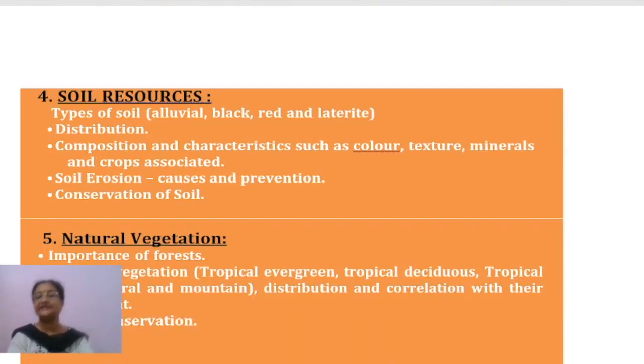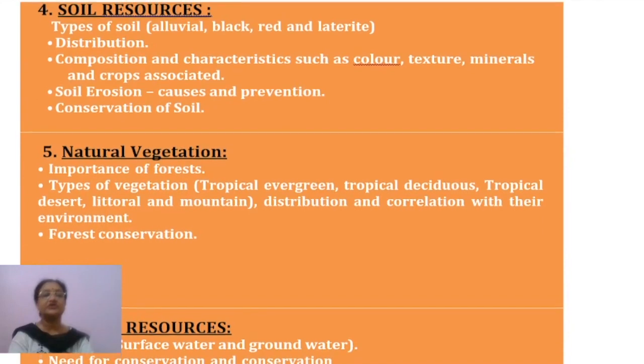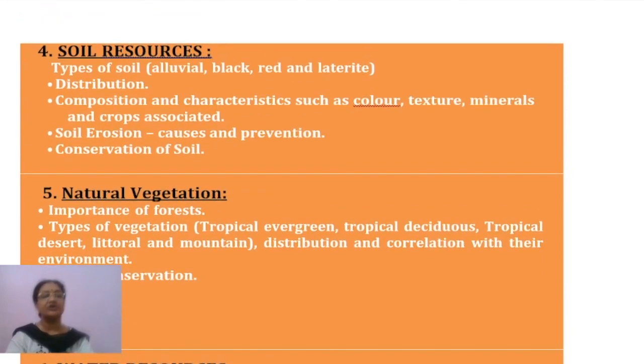Now come to the next topic, that is the soil resources. Regarding soil resources, all the topics are there as they are: types of soil, alluvial, black, red and laterite. All four types of soils you have to study, their nature and what they are deficient in, and in which areas they are found. So the distribution of these soils you should study.